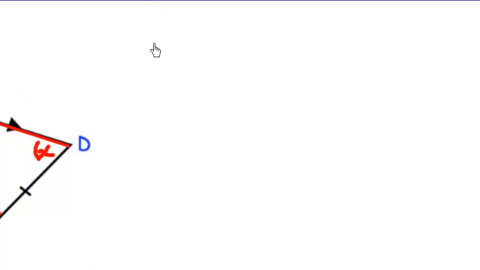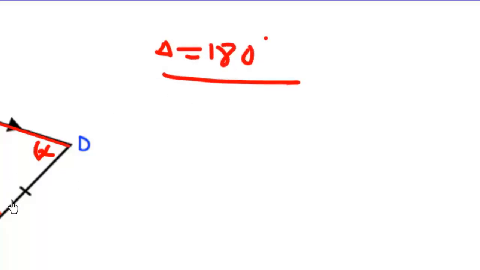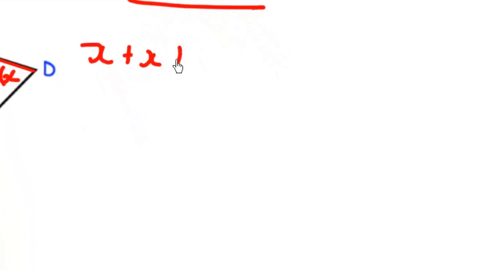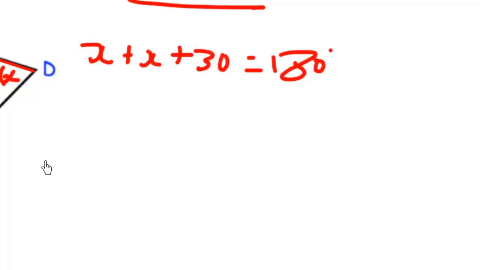So the sum of angles in a triangle must be equal to 180 degrees. We have X plus X plus 30 is equal to 180 degrees. So 2x plus 30 is equal to 180 degrees.